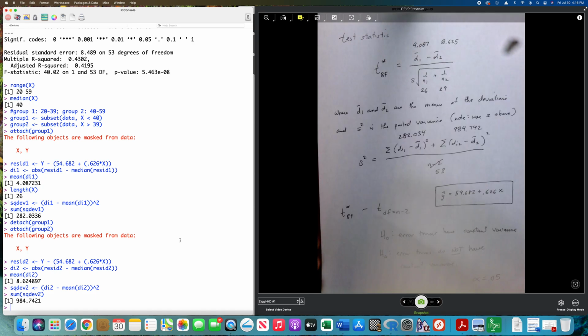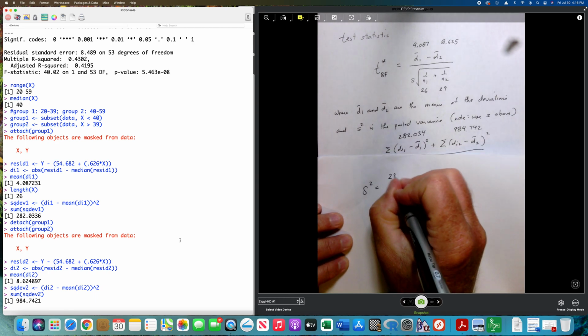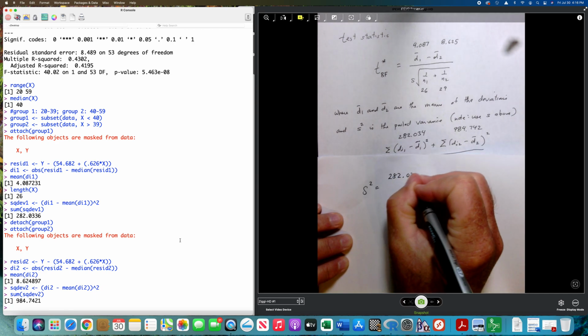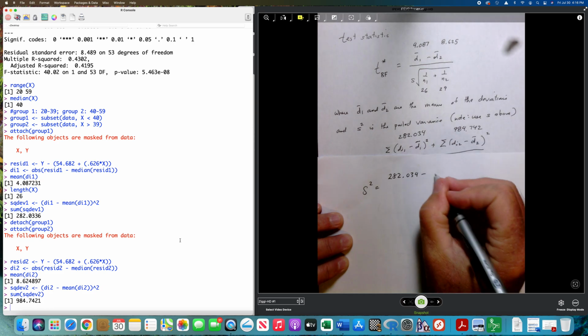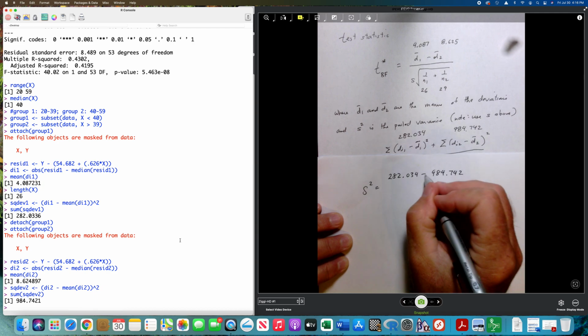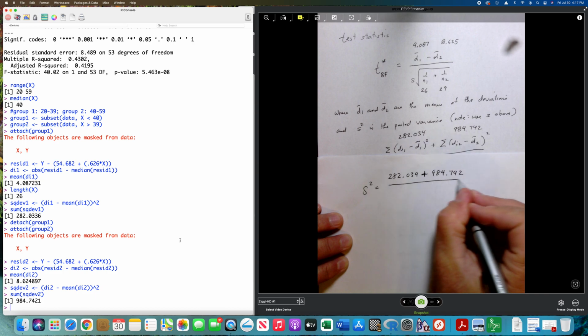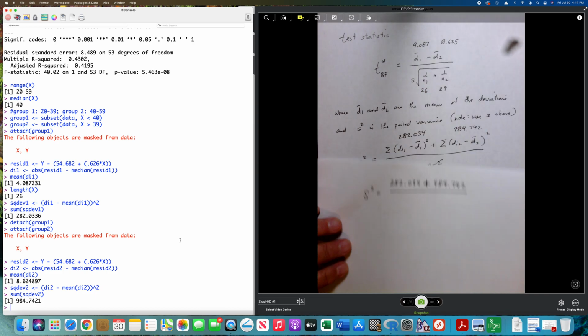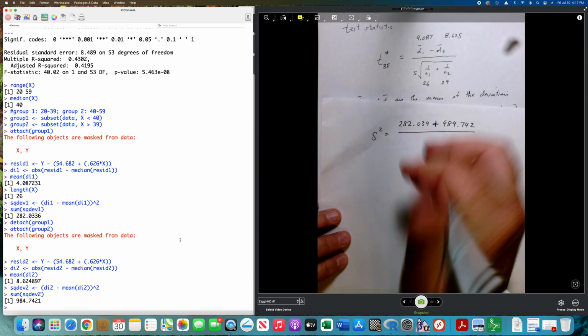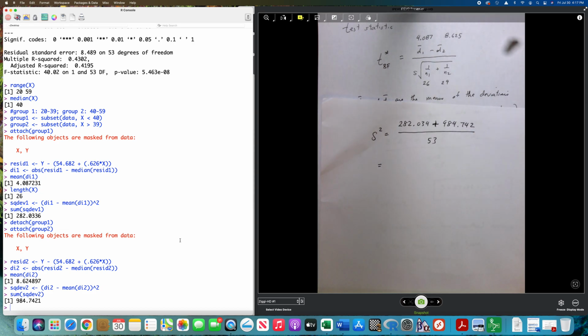So calculate the variance. So we have 282.034 minus 984.742. Should be a plus. Got tunnel vision on this up here. Over 53. So let me grab my calculator.